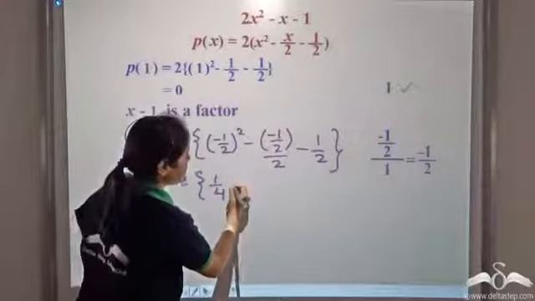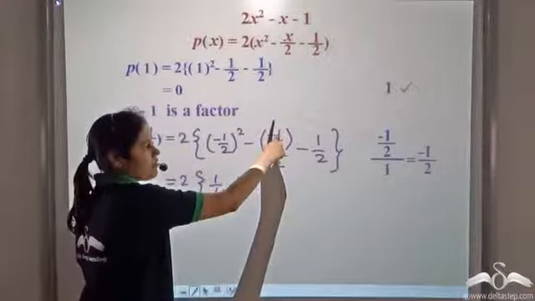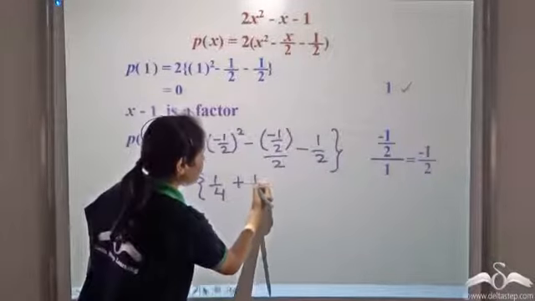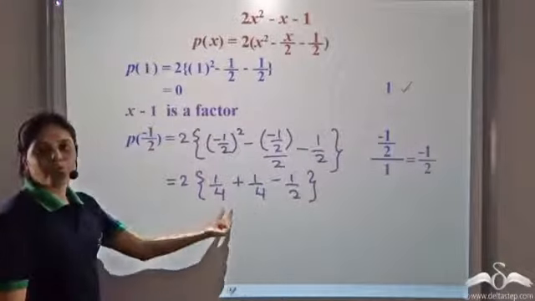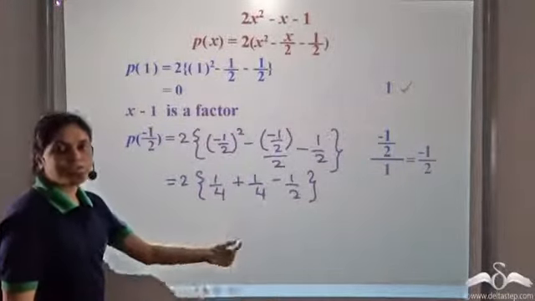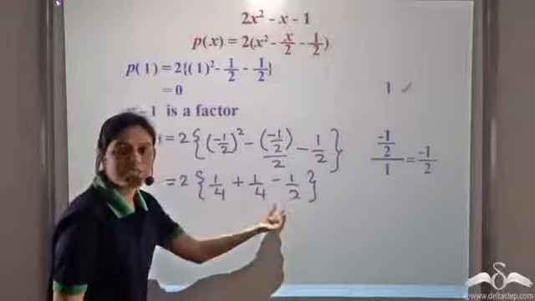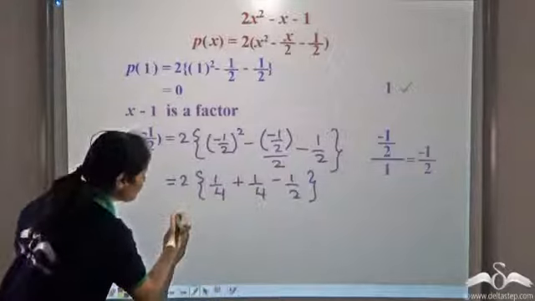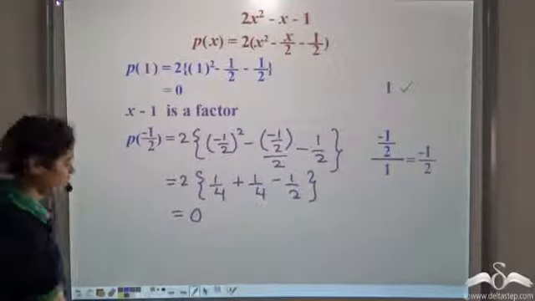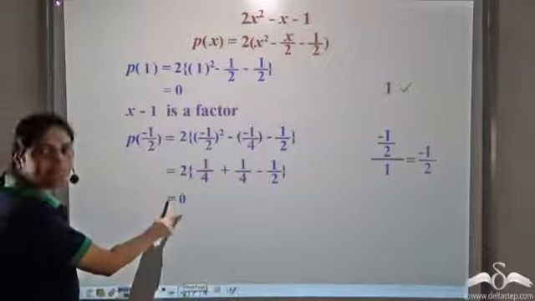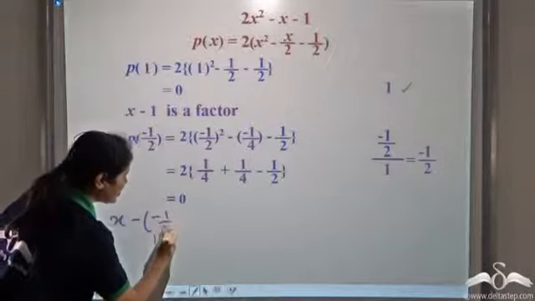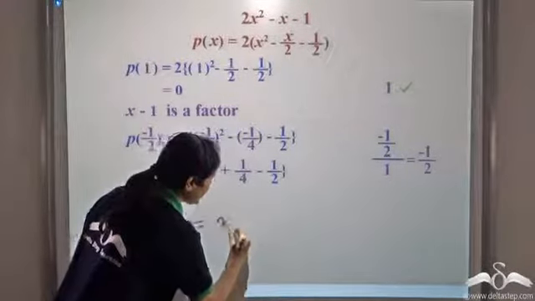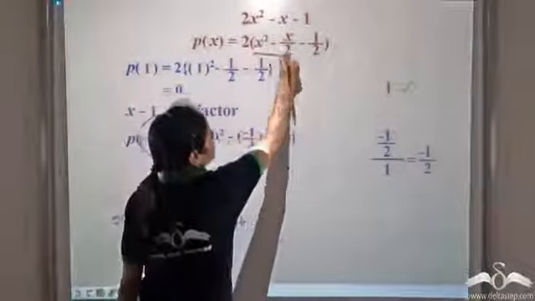Minus and minus give us plus. Half divided by 2 gives 1 by 4. Minus half. 1 by 4 plus 1 by 4 is 2 by 4, which is half. Half minus half is 0. So we have 2 into 0, which is equal to 0. So we have P(negative half) as 0. This means that x minus negative half, which is equal to x plus half, is a factor of this.